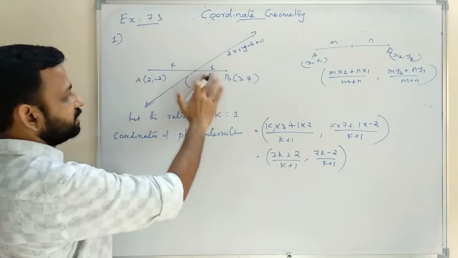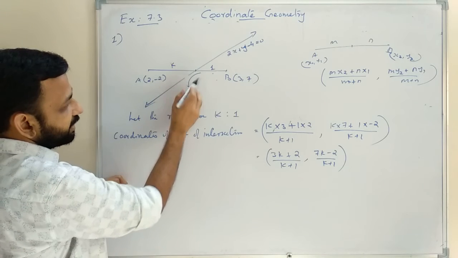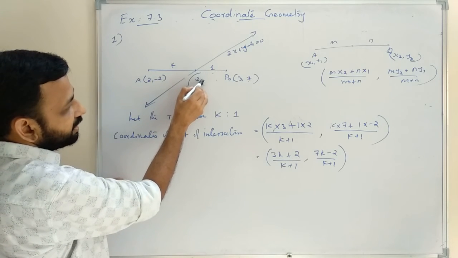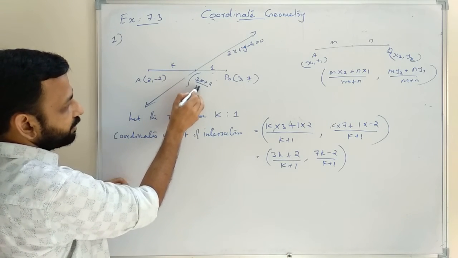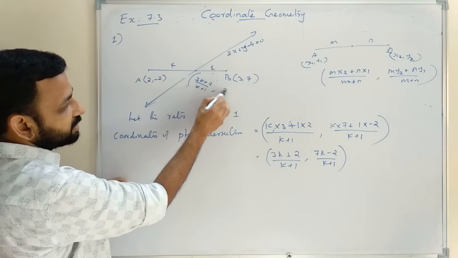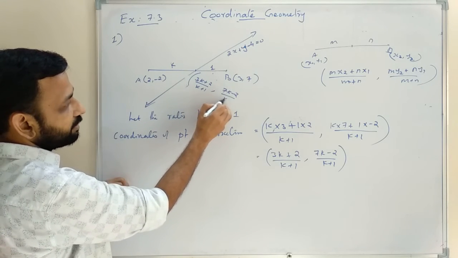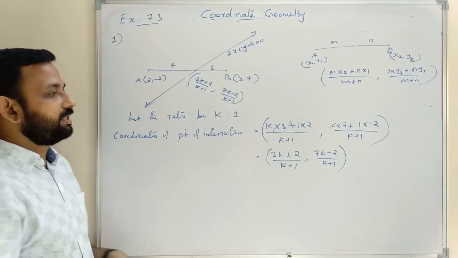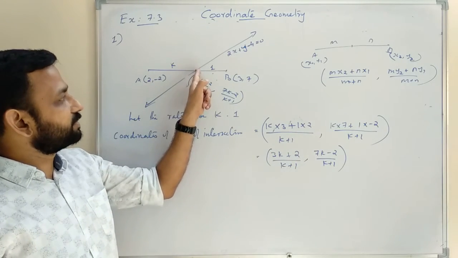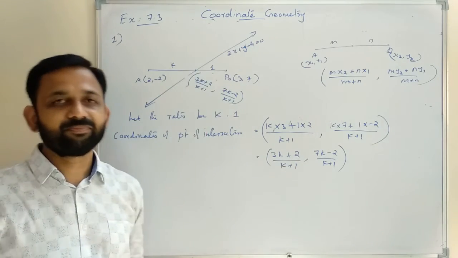So the point of intersection is ((3k + 2)/(k + 1), (7k - 2)/(k + 1)). That is a point on the line.